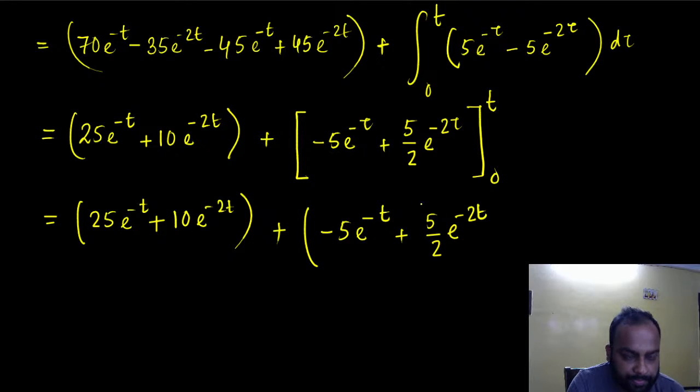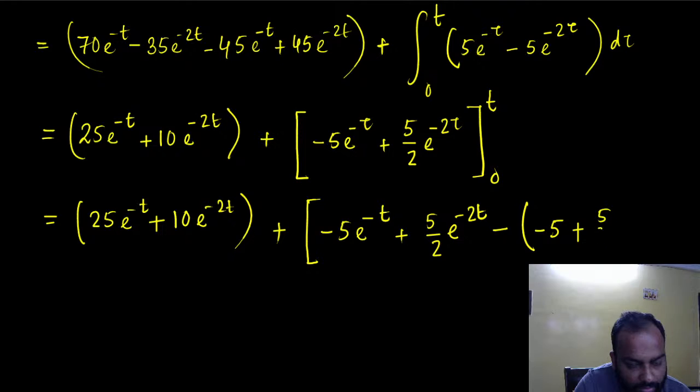Putting 0 as the lower limit, let's put brackets so that I don't confuse myself: minus. If I put 0 that becomes minus 5, and if I put 0 that becomes 5 by 2. So I'm putting tau equal to 0.